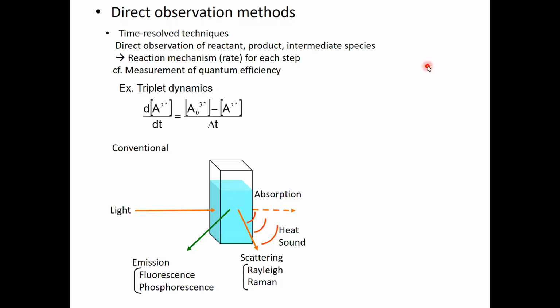Okay, then here I will introduce some of the direct observation methods of photochemical reactions. As I mentioned earlier, at the beginning of the photochemical reaction analysis, the photochemical reactions are too fast to observe directly.